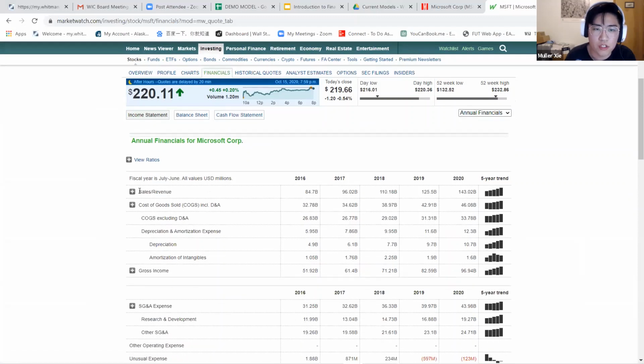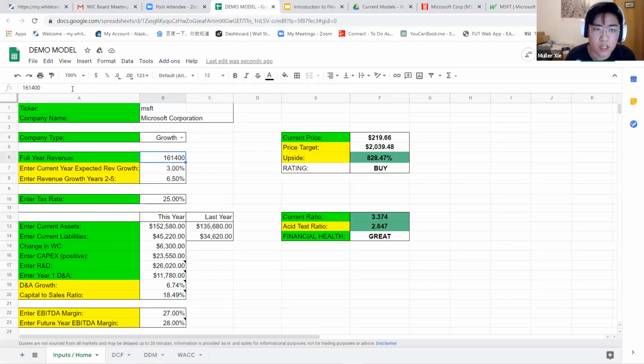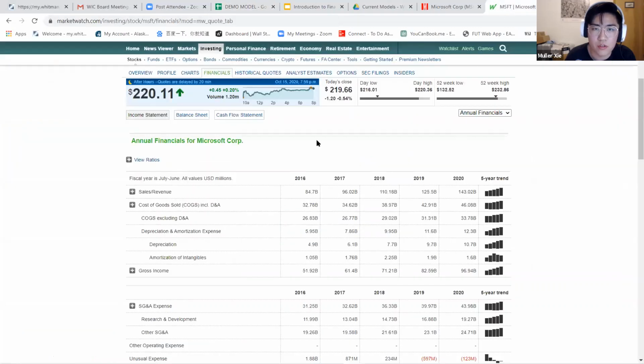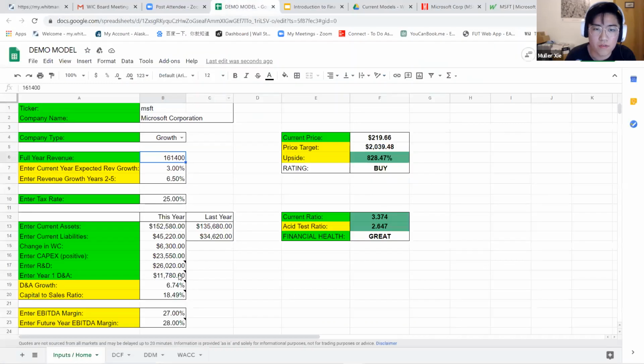For the revenue, I will choose the latest revenue that Microsoft has in its recent fiscal quarter, which is 143.02 billion. Here we want to transfer the units from $1 billion into $1 million, so make sure that in your following analysis, you keep the units consistent.